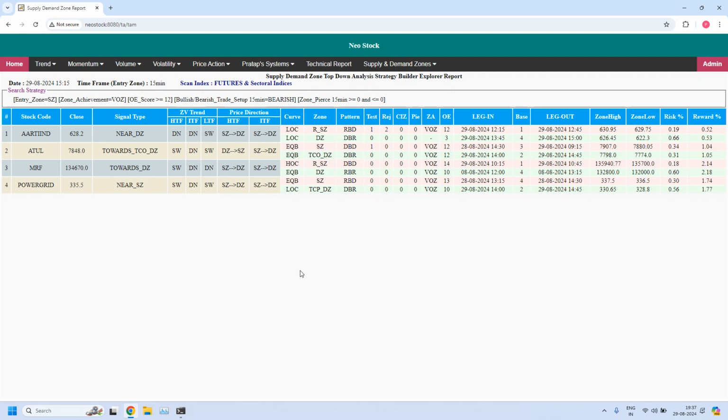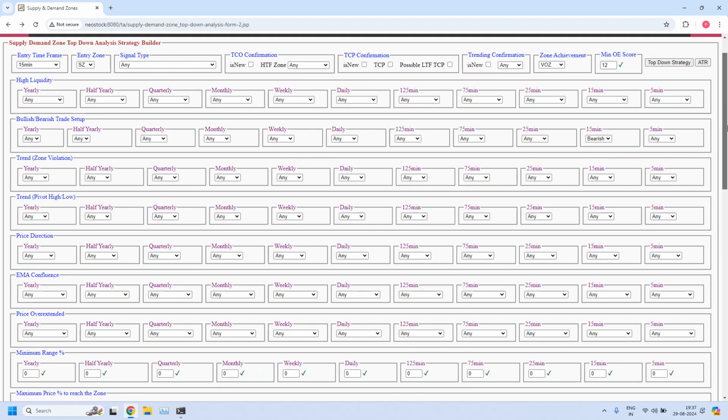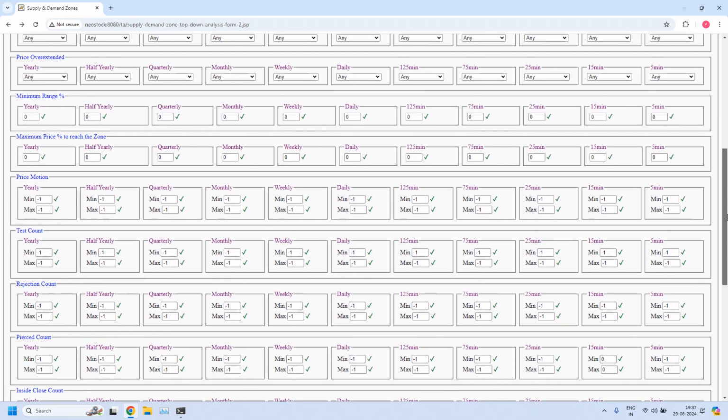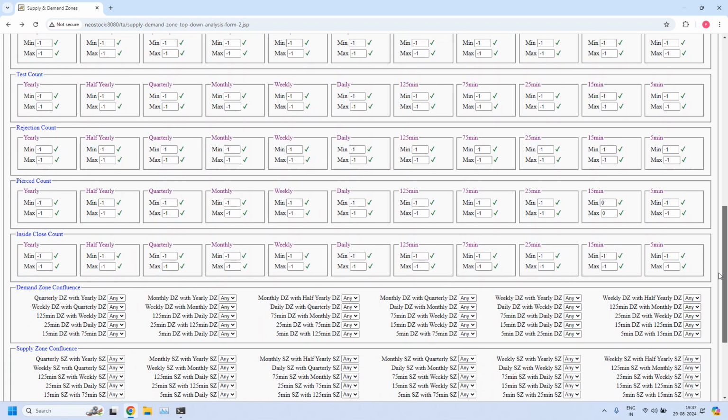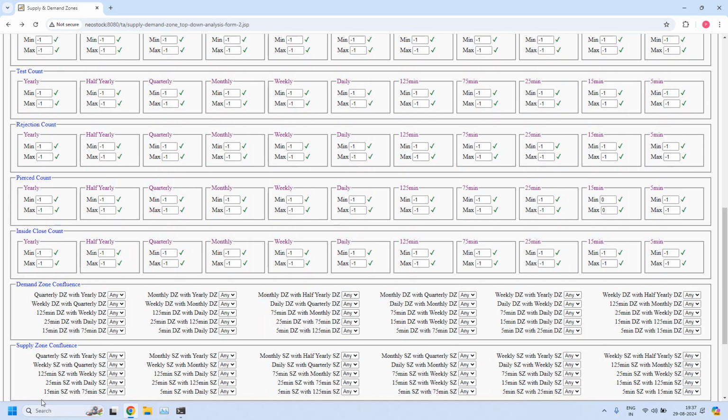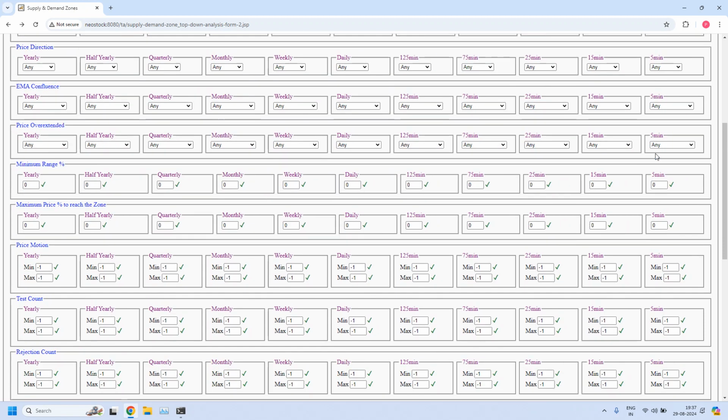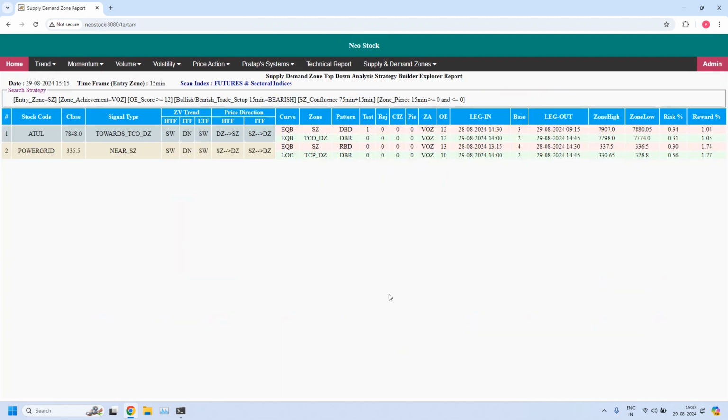And let us verify out of these 4, how many are currently having confluence with ITF time frame. In the supply zone confluence, 15 minute supply zone with 75 minute supply zone, I enabled the filter. 2 stocks are having the confluence, ITF confluence.